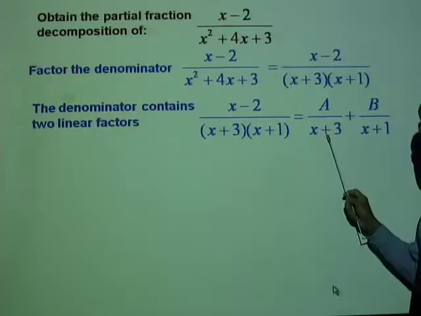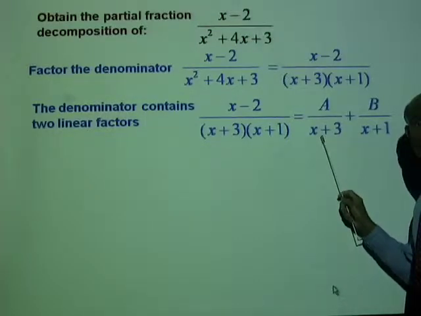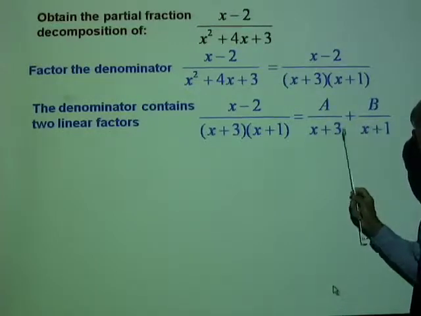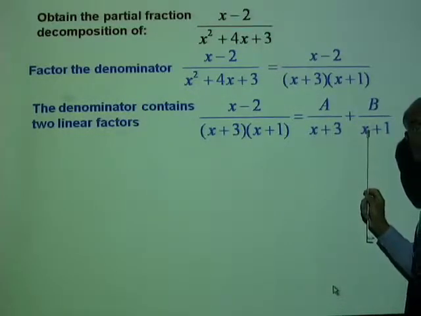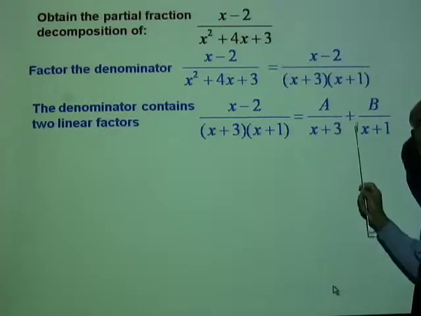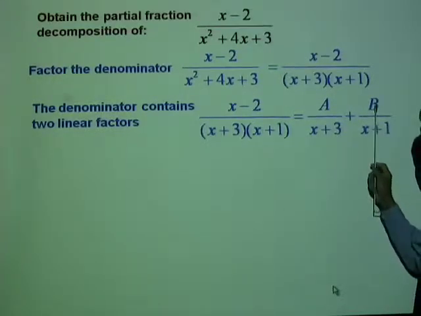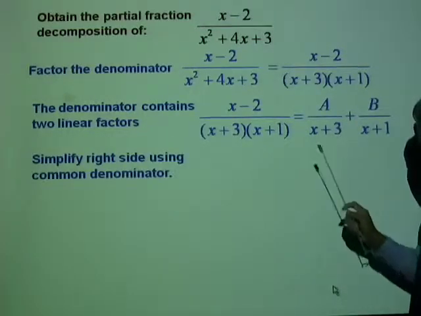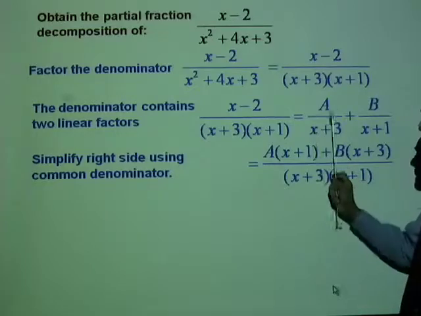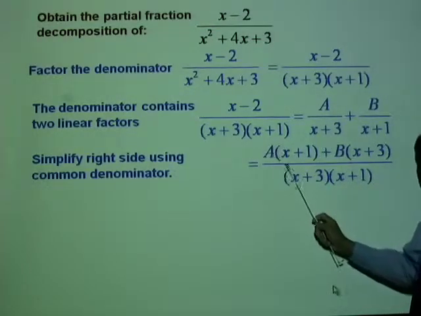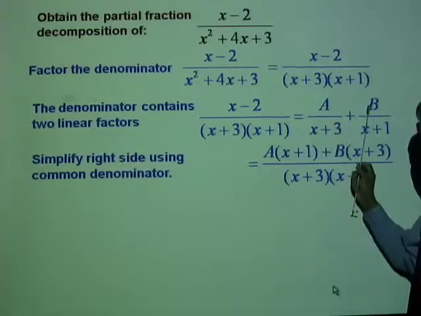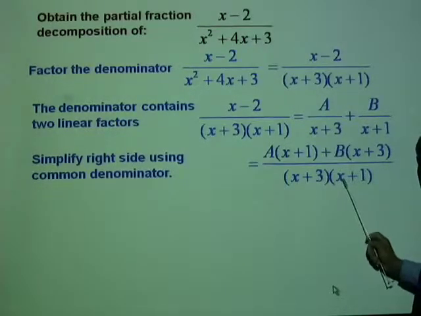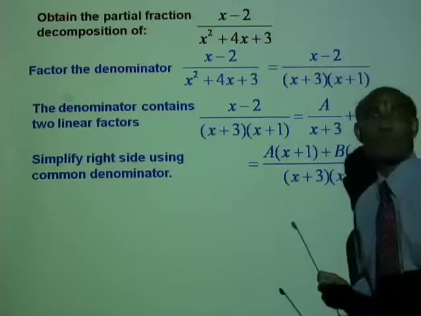What's the common denominator there? The common denominator is x plus 3 times x plus 1. When you take this as the common denominator, see here, a will get multiplied by x plus 1 and b will get multiplied by x plus 3. Alright, let's do that. That will be a times x plus 1 plus b times x plus 3 all over x plus 3 times x plus 1.